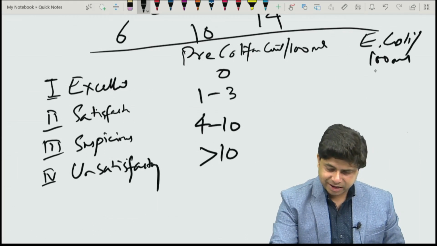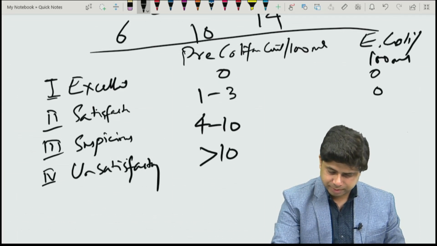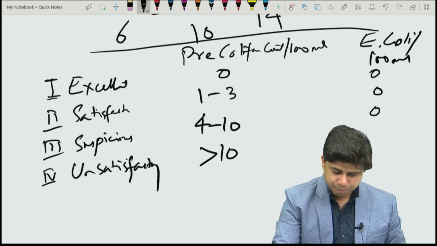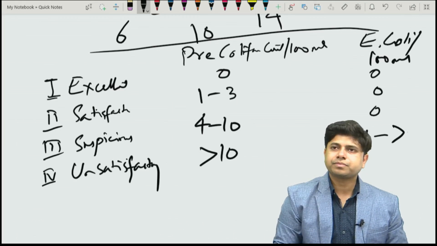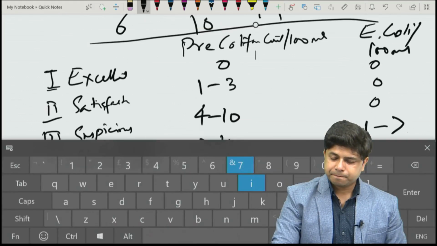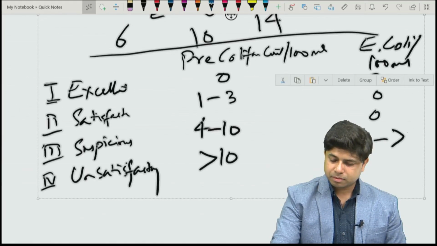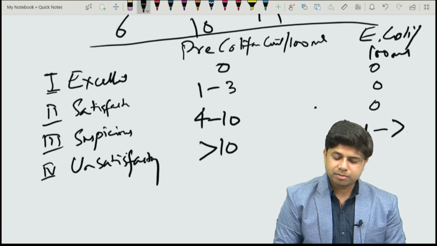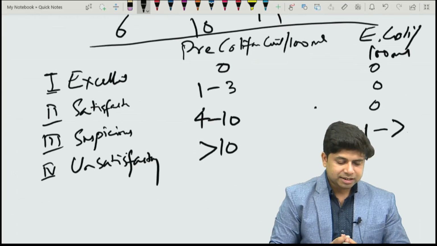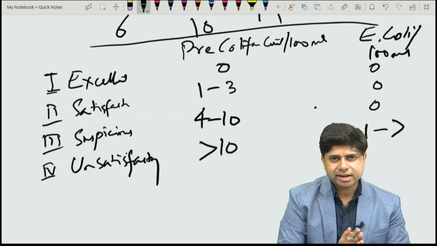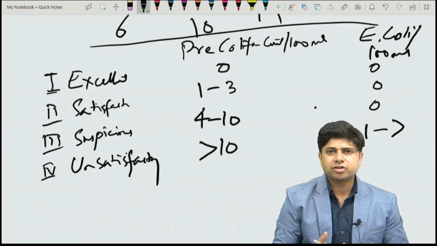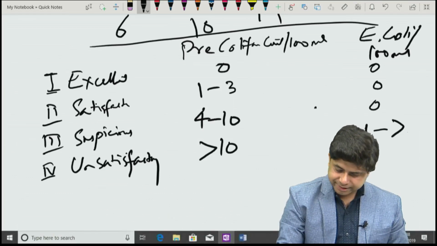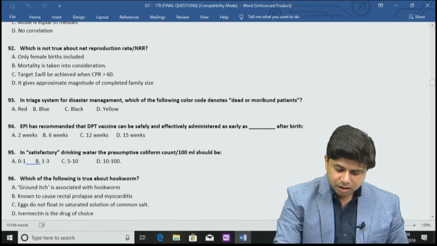And for E. coli, excellent should be 0, satisfactory 0, suspicious also 0, and for unsatisfactory it should be 1.1 or more. So this is the table you should remember about the classification of drinking water, whether it is excellent quality or not. This depends on the presumptive coliform counts and the E. coli itself.